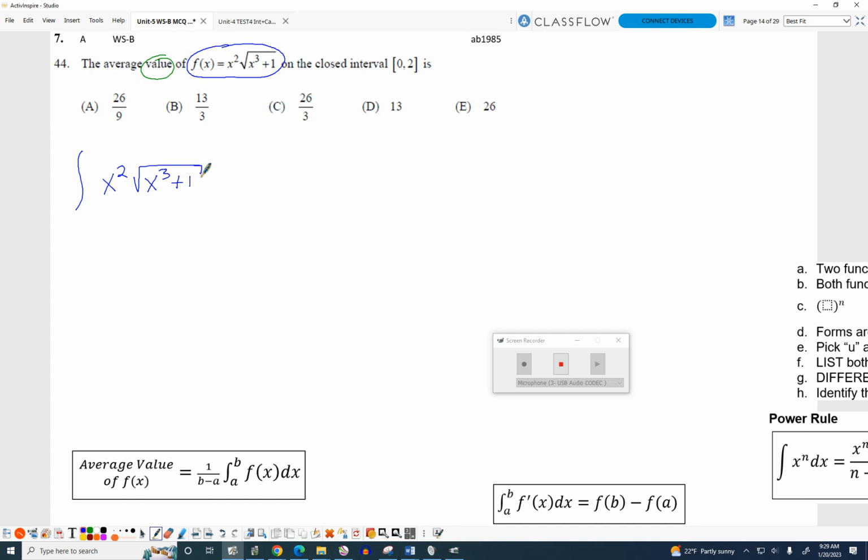But technically not every value, just the values starting with an x of 0, then an x of 0.1, 0.2, 0.3, all the way to x equals 2. Can you just write f of x, or do you need to write out the formula? Either way. Because we don't have a calculator, I'm going to need the formula. If I had a calculator, I would write f of x.